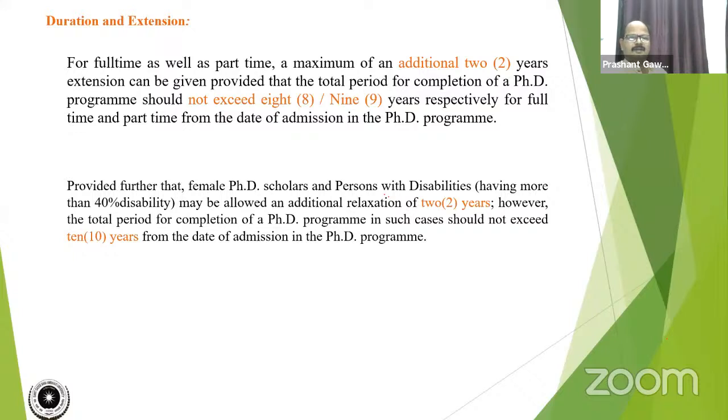For full time, it is 8 years, not to be exceeded. For part time, it is 9 years. For persons with disability, there is an allocation of an additional 2 years.